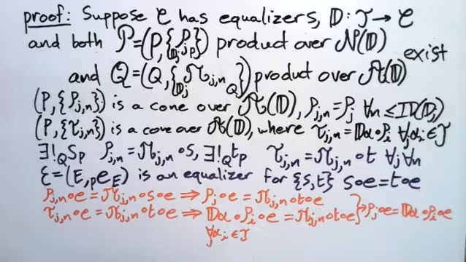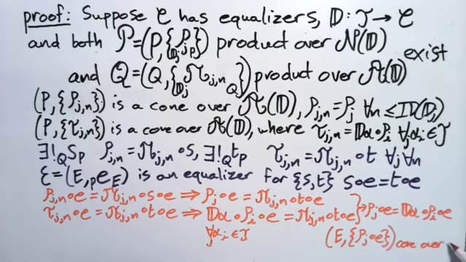And not only that, but there's obviously going to be exactly one for each Dj, right? So what we've said is that actually E and then the composition of rho j after e for all objects j in J is a cone over D.